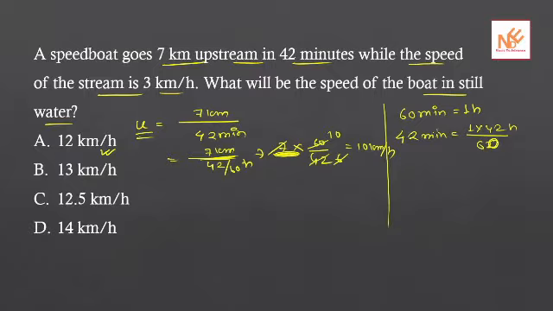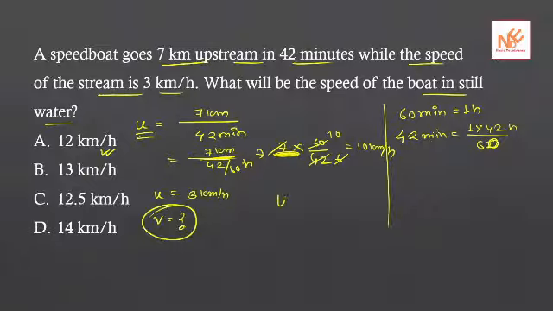Here the speed of the stream is given, u equal to 3 kilometer per hour. And what will be the speed of the boat in still water? Let the speed of the boat be v. We have to find v. How to find v?